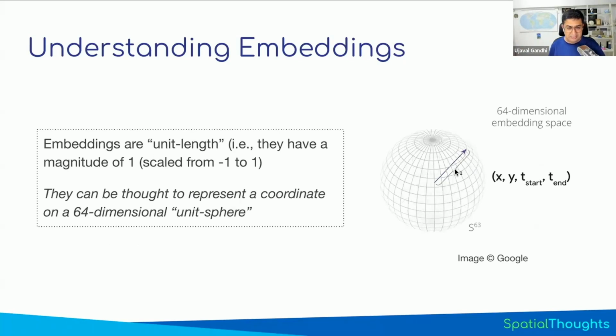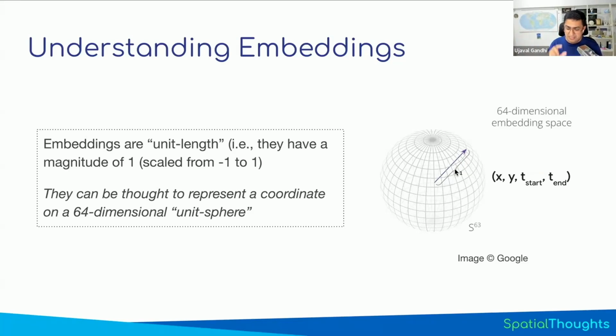Another way to think about these embeddings is that imagine a 64-dimensional space. This can be treated just as vectors. You have a vector of 64 dimensions, and each pixel with those 64 dimensions is a vector in that space. And each pixel would be somewhere on the sphere. One property of the embeddings that were created by the AlphaEarth Foundations model is that they are unit length.